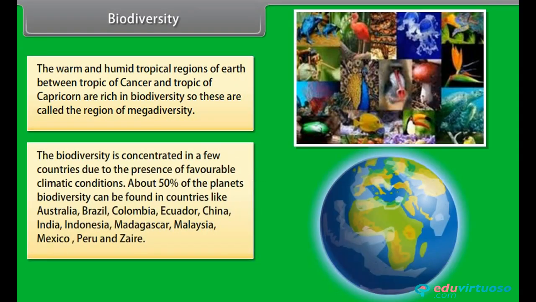The biodiversity is concentrated in a few countries due to the presence of favorable climatic conditions. About 50% of the planet's biodiversity can be found in countries like Australia, Brazil, Colombia, Ecuador, China, India, Indonesia, Madagascar, Malaysia, Mexico, Peru, and Zaire.